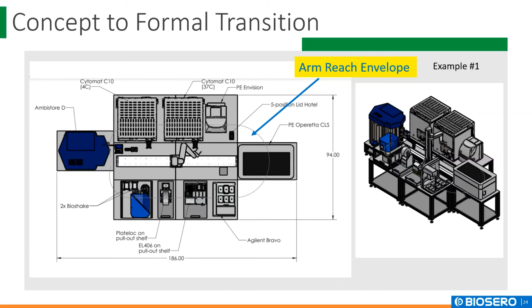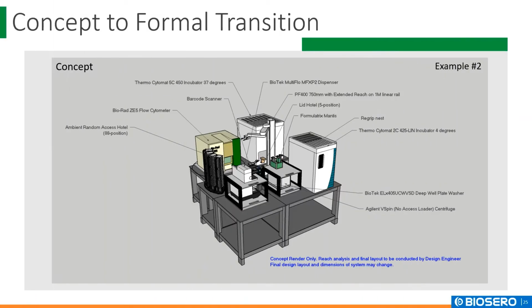Adjustments to the positioning and the layout of the system components may change accordingly from the conceptual design based upon this reach analysis. The formal render will also have accurate dimensions of the complete system, which can then be used for quote generation by the account manager and its subsequent sale.